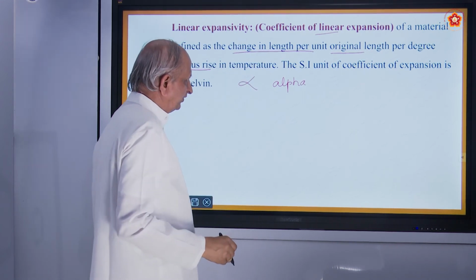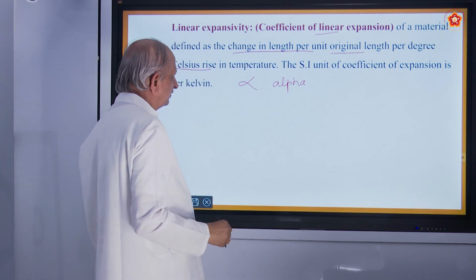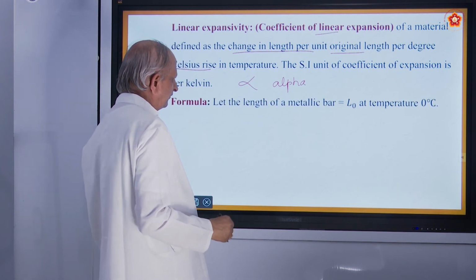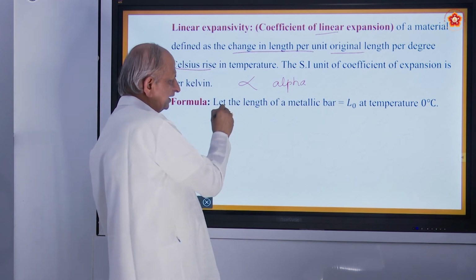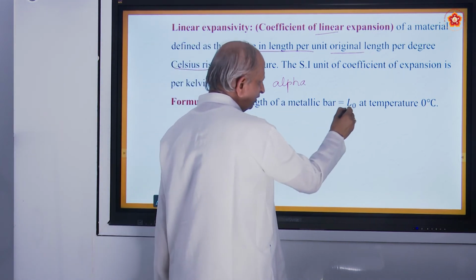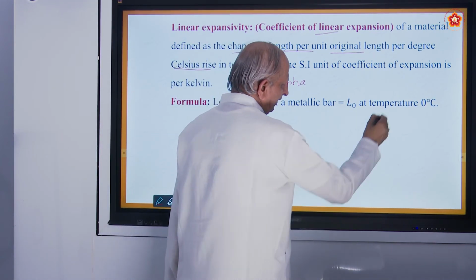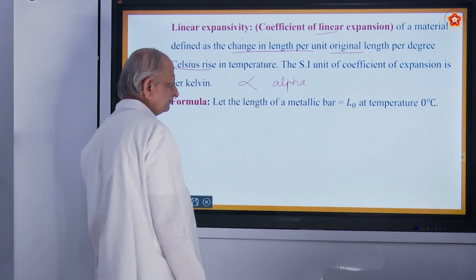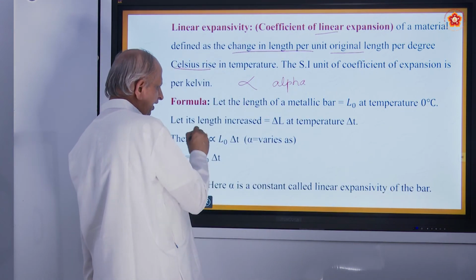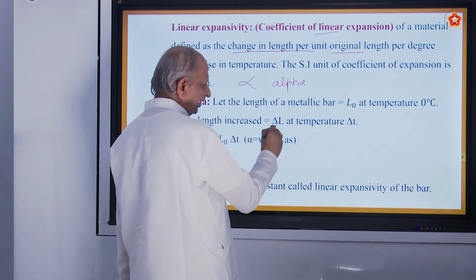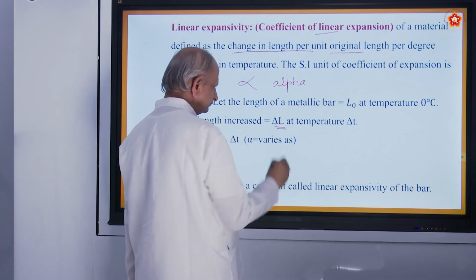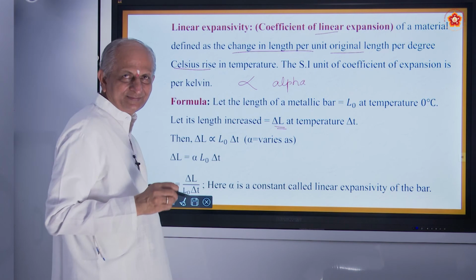So that is in the case of solids. Okay, and the formula for that: let the length of the metallic bar be L0 at a temperature of 0 degree Celsius. Then after heating, the length increases by delta L, a very small increase.